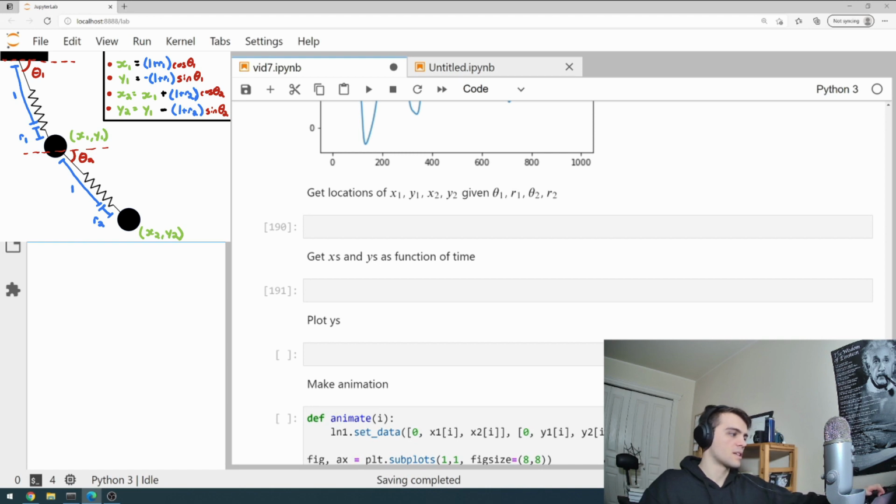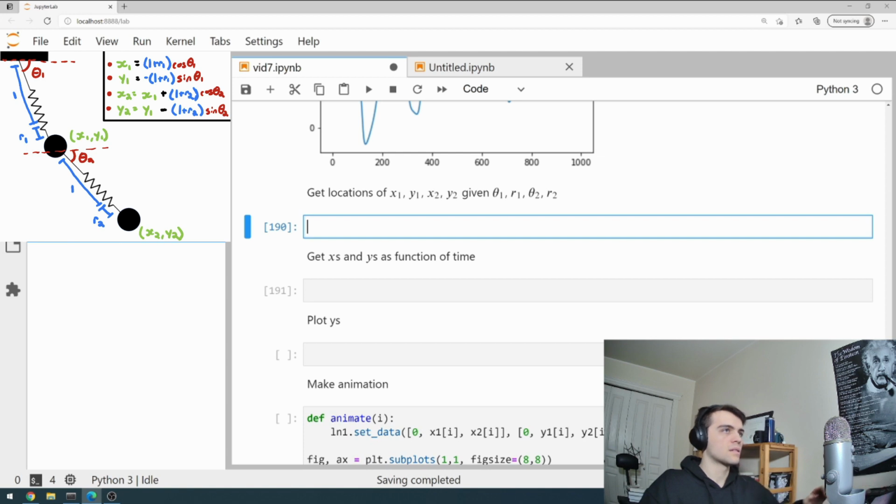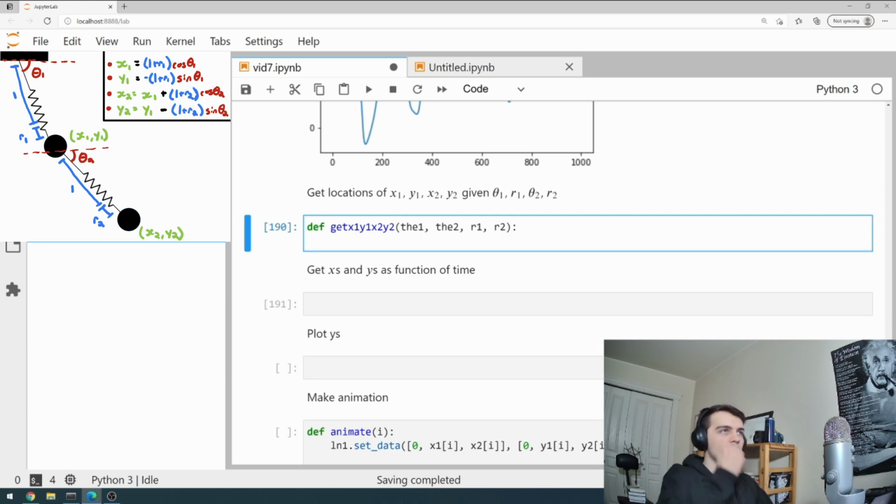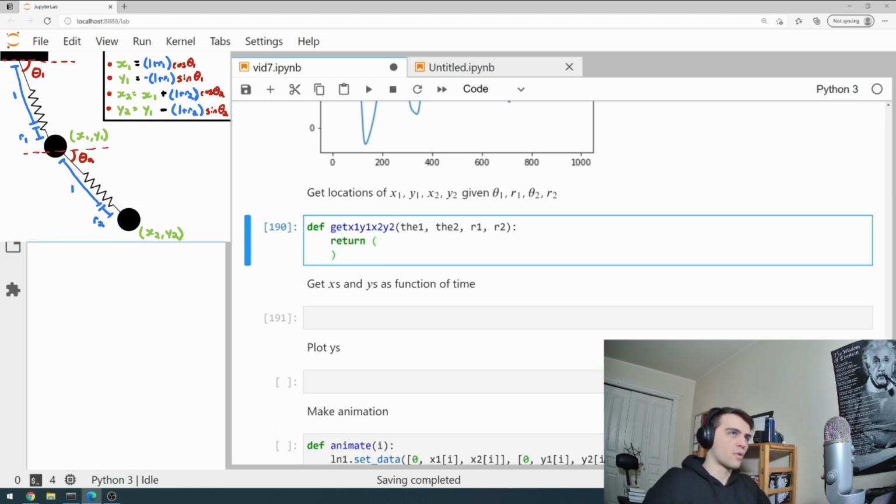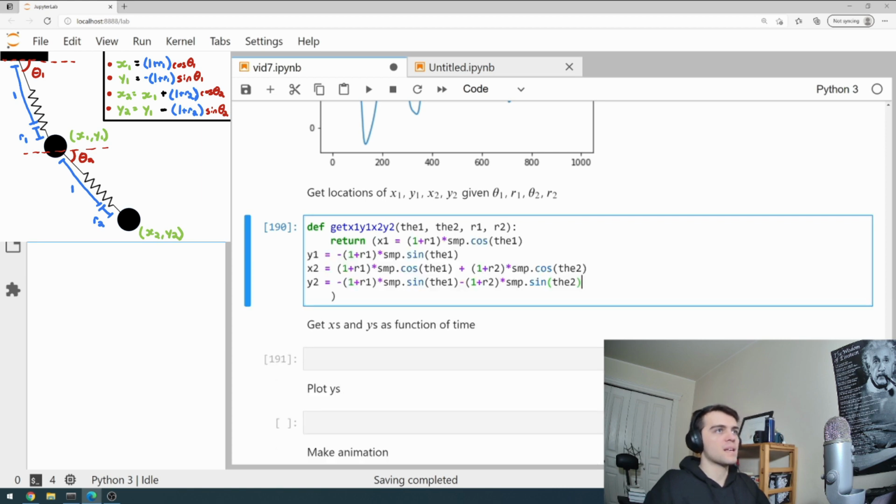I'm going to call it def get_x1_y1_x2_y2, and it'll take in theta 1, theta 2, r1 and r2, and it's going to return them in this order that I've defined them here. So it will return 4 things.